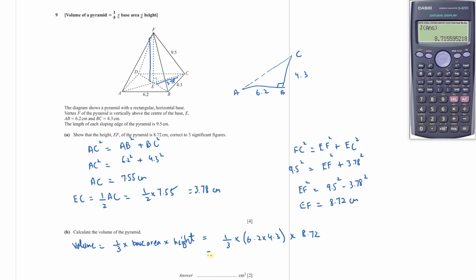So the volume will be 6.2 into 4.3 into 8.72, and then divide by 3. So that is 77.5 centimeters cubed.